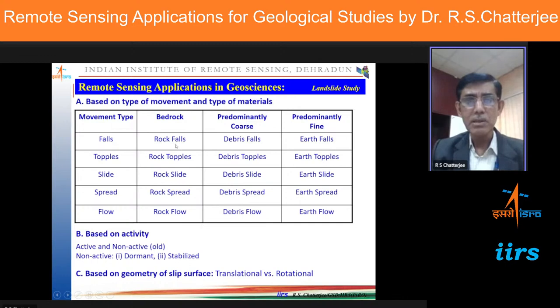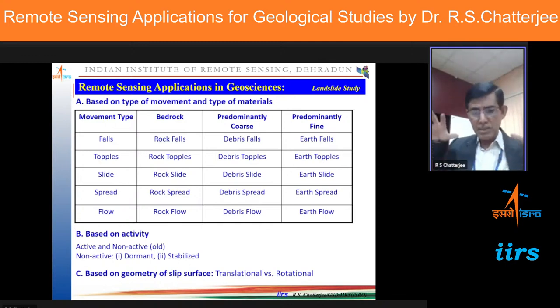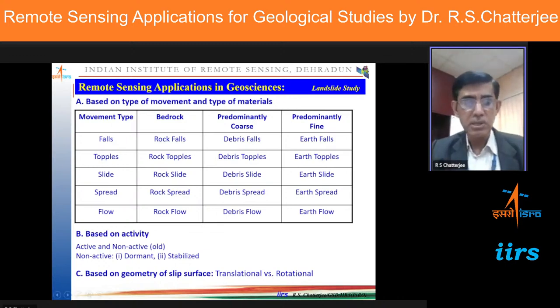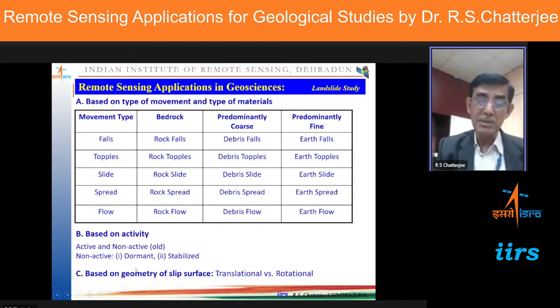The type of material can be rock, debris, or soil or earth materials. Depending on that, there may be different kinds of landslide. Again, depending on the type of slip surface, the movement can be straight or curved, so this is translational or rotational. The landslide can be active, dormant, or stabilized. So different kinds of landslide are possible.